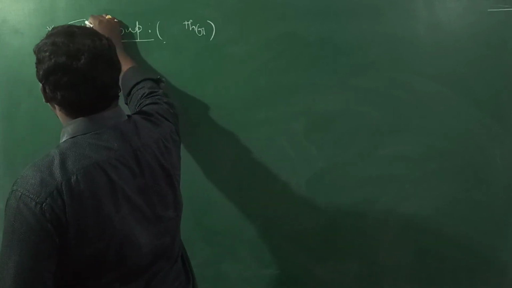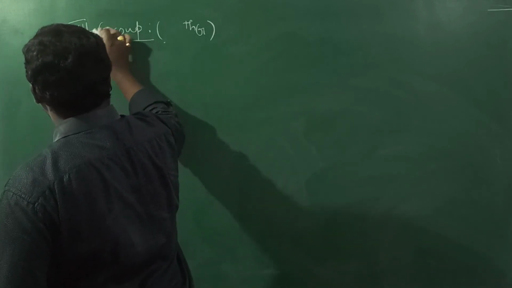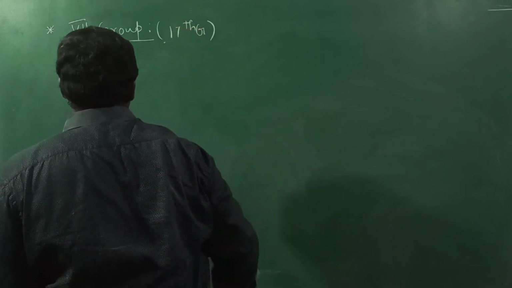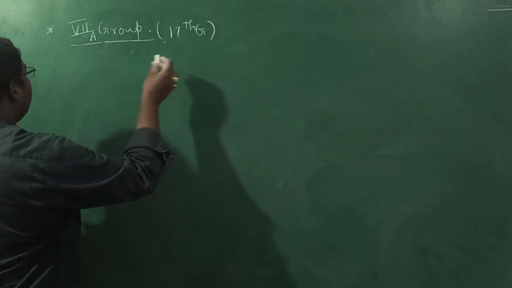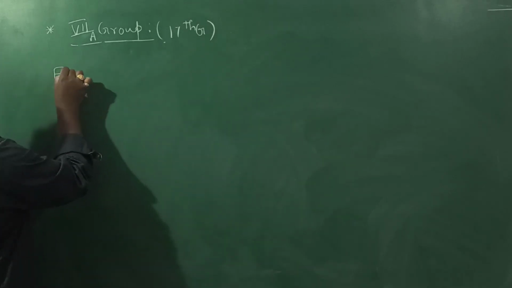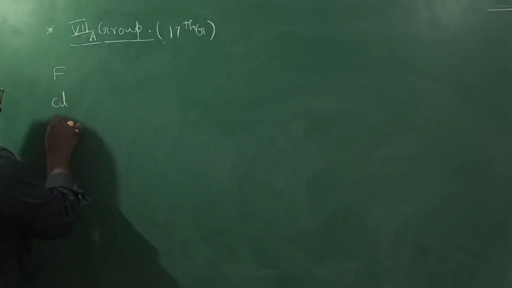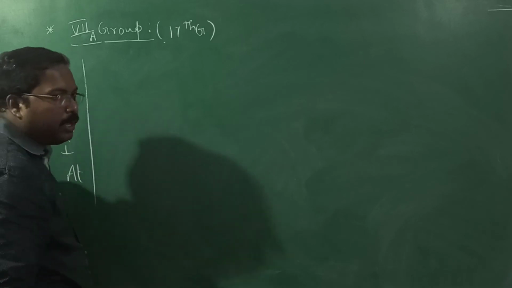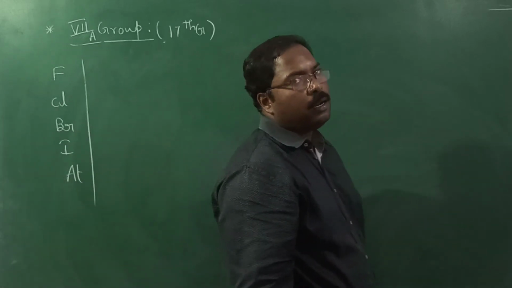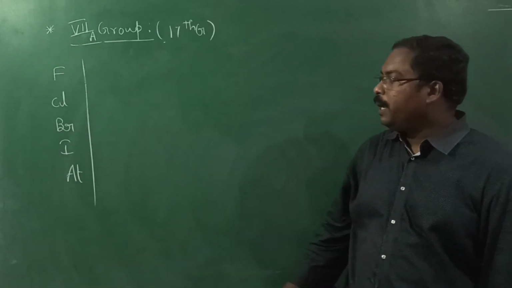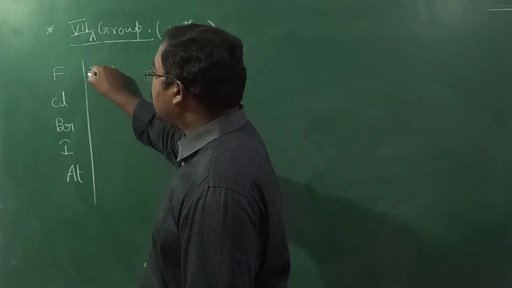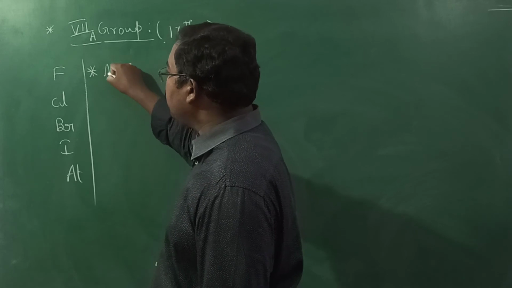Now coming to the next group, that is 7th A group, nothing but 17th group, a well famous group. We all know the elements: fluorine, chlorine, bromine, iodine and astatine. Now, what is the common name of these?